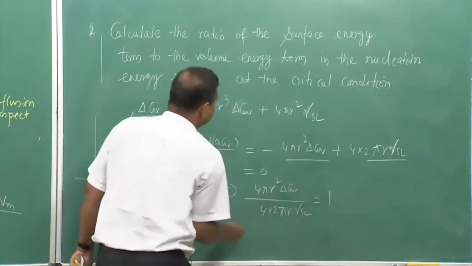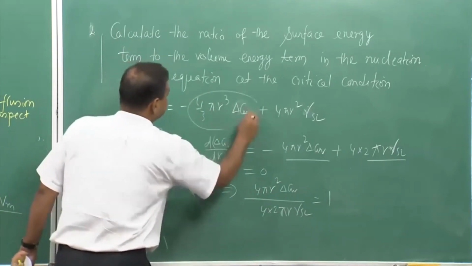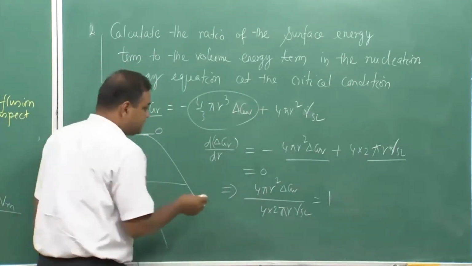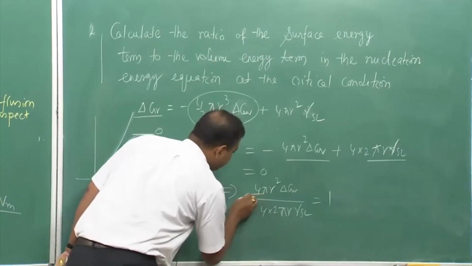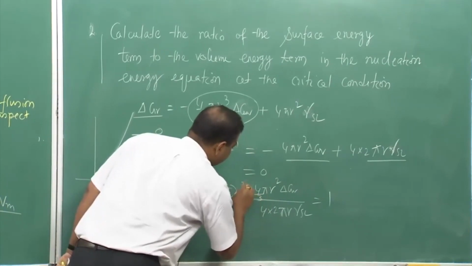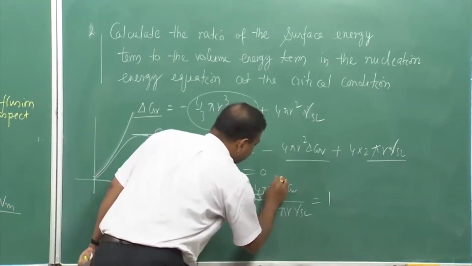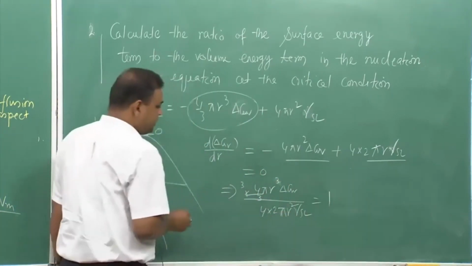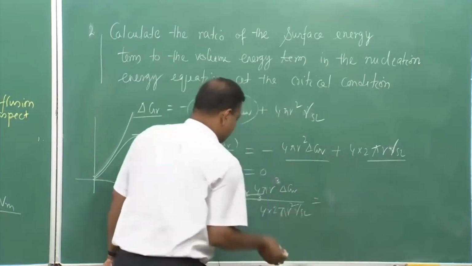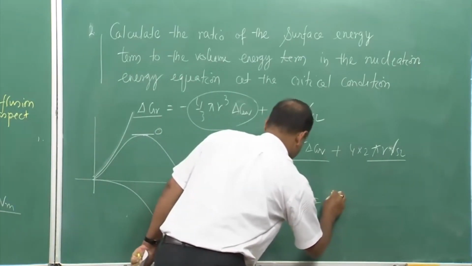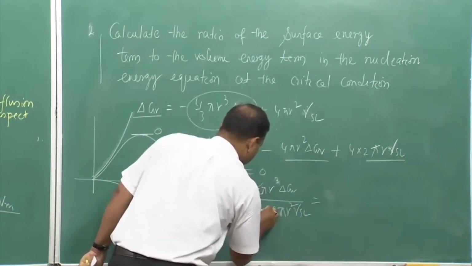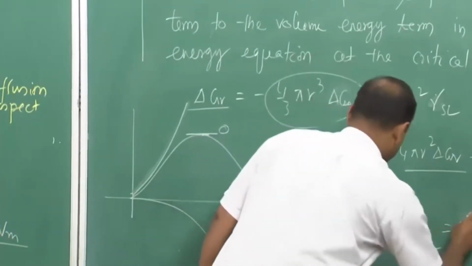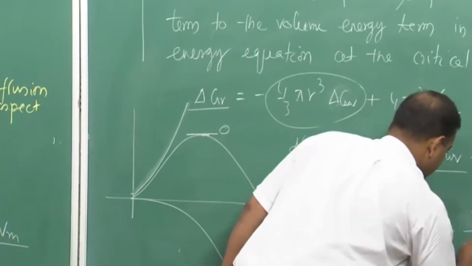Now, I have to convert it into this. In order to convert this, I divide it by 3 and multiply with 3 and also multiply with R, so this is R square. So, this 4, 2, it becomes 2 by 3.